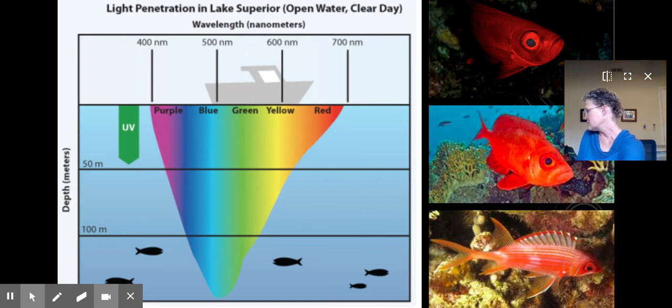So hopefully the color picture will help you out. The fish that are on the side here are common nocturnal animals. So that's to help you out with that too.